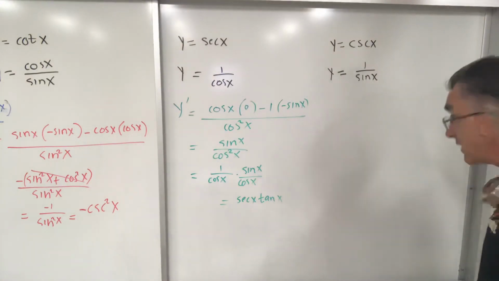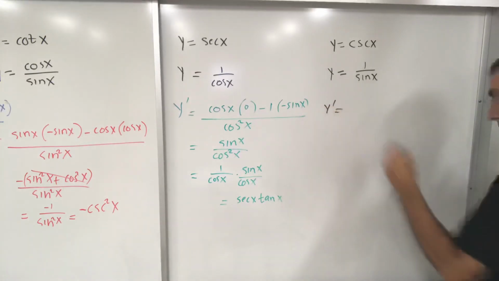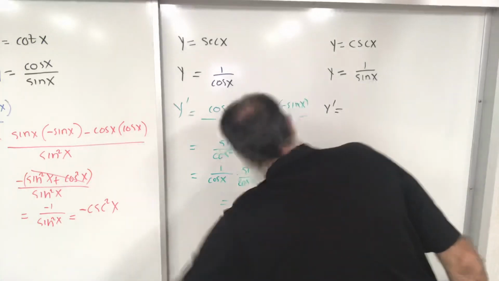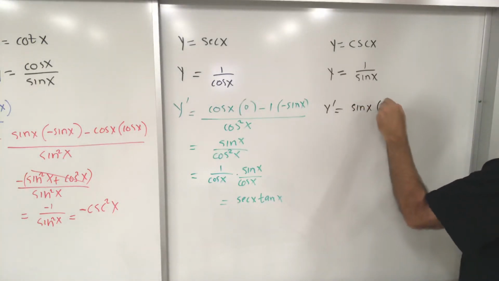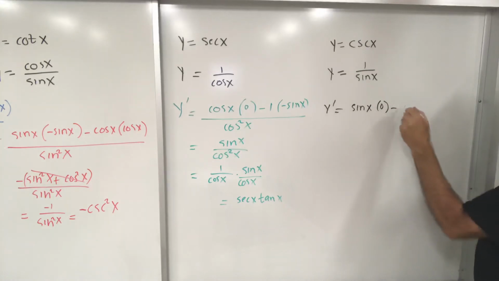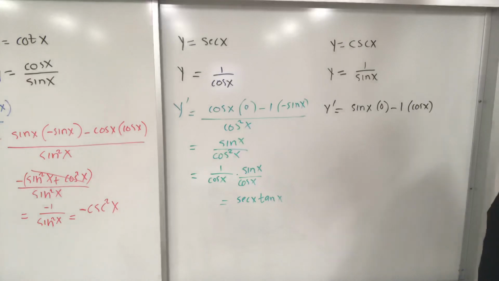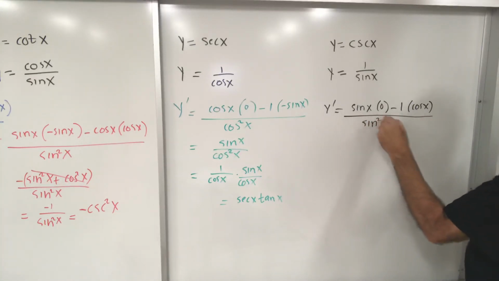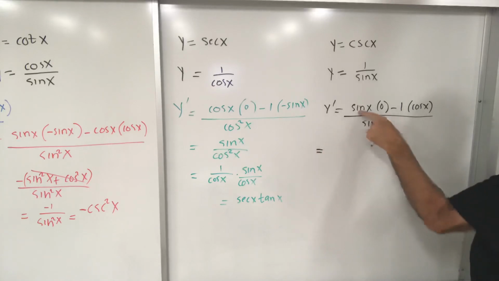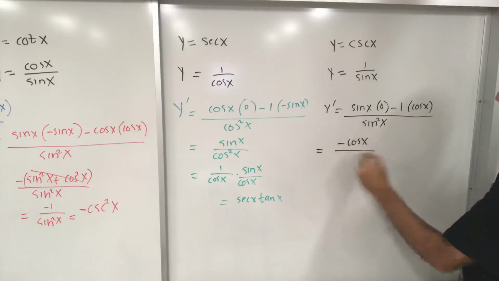And then last but not least, bottom times the derivative of the top minus the top times the derivative of the bottom, all over the bottom squared. And again, 0 times anything is 0, so I get negative cosine over sine squared.